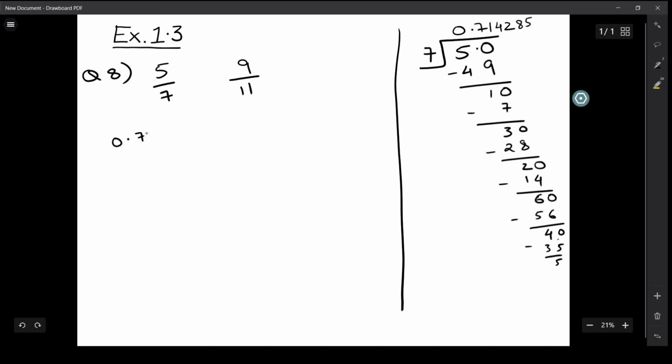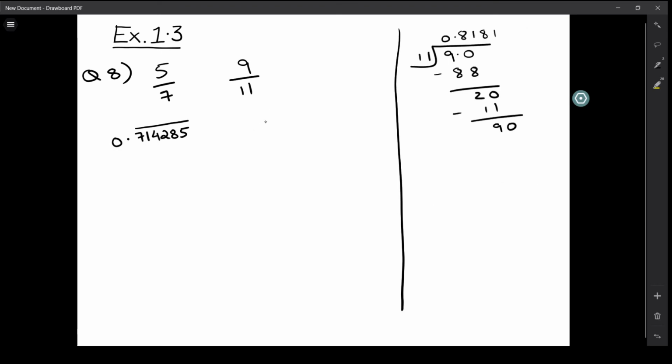So 5 by 7 is 0.714285, repeating itself. And similarly, I did the long division of 9 by 11, and it's 0.81, where the digits 8 and 1 repeat themselves.